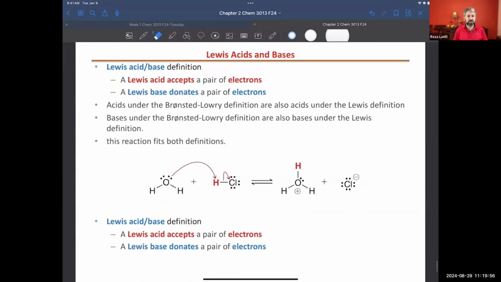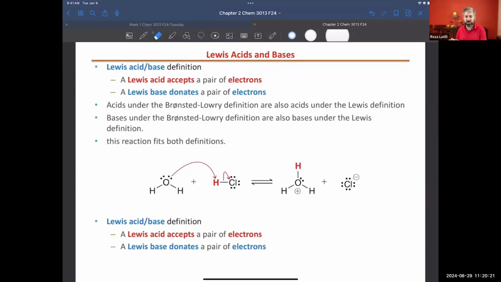And the last one is going to be Lewis acid versus Lewis base. The Bronsted acid and base definition was this: we said an acid is a compound that donates H plus, and a base is a compound that accepts H plus.